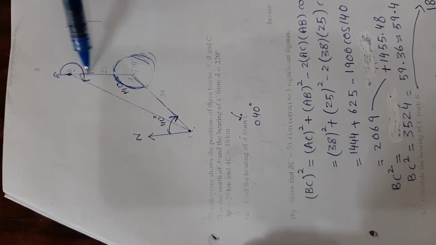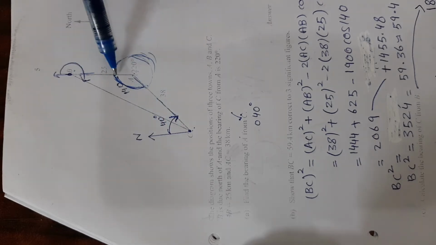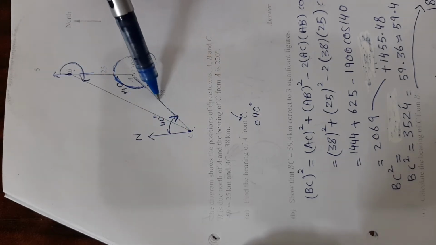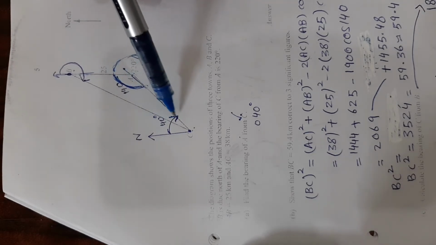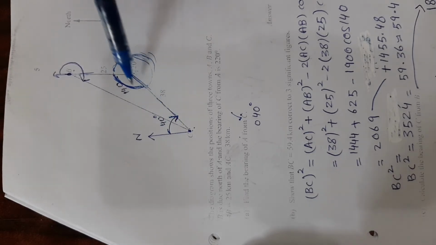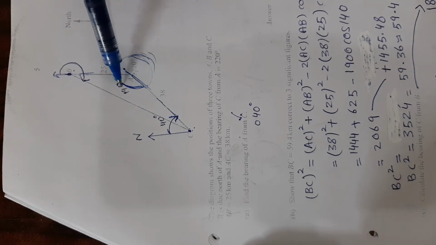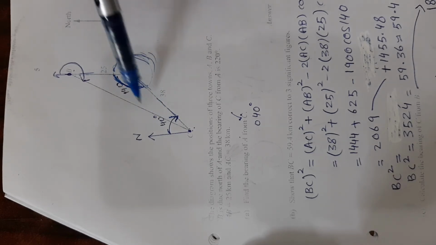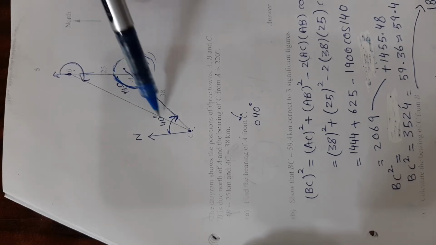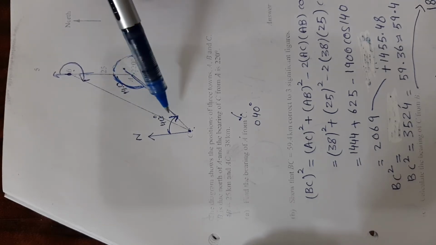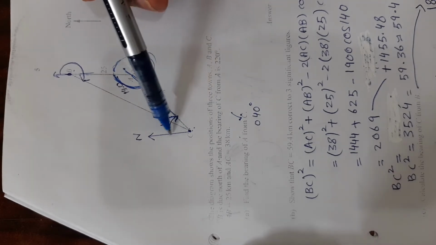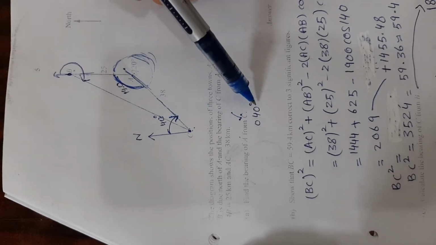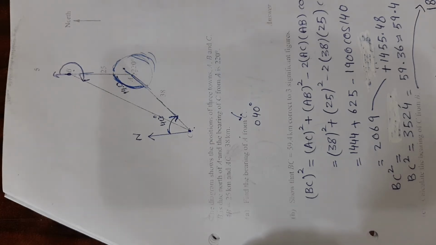Now this is due north, this is also north, so these two are parallel lines and this one is a transversal line. If this is 140, then this is 40, because angles on a line add up to 180. So the bearing of A from C is 040, expressed in 3 digits.